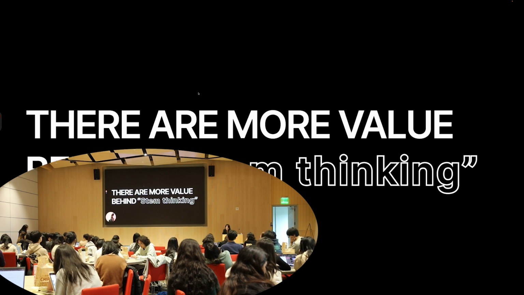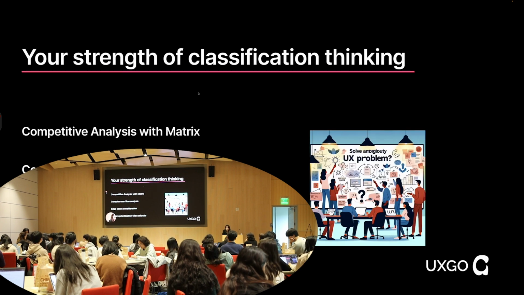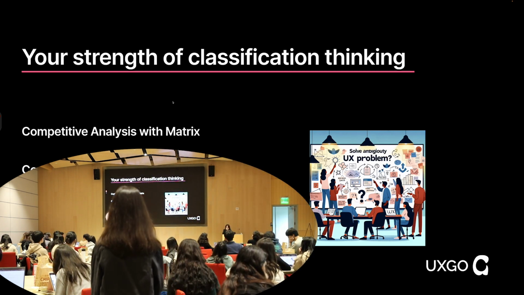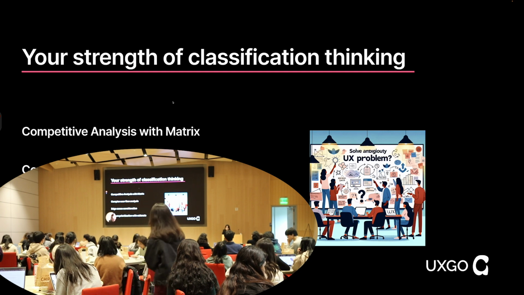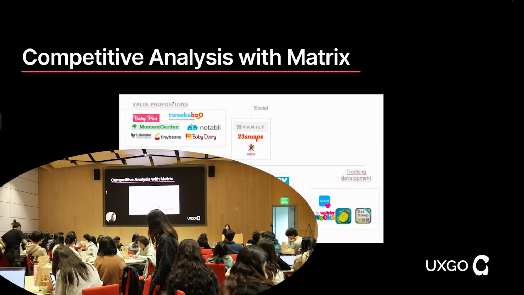And there's more value behind STEM thinking. Something I want to point out today is I hope everyone can really find the strengths of classification thinking. I can put more examples here. The first one is competitive analysis with a matrix.